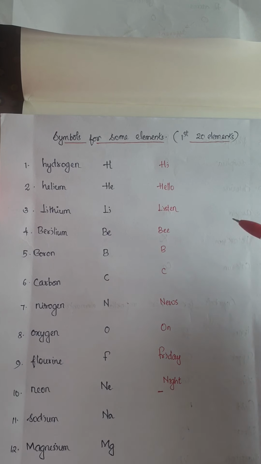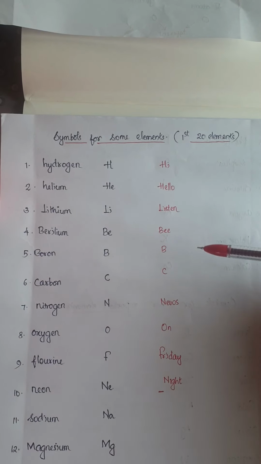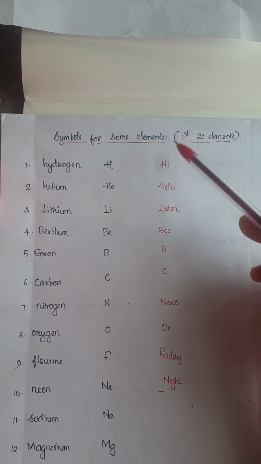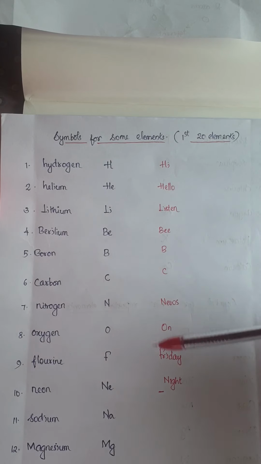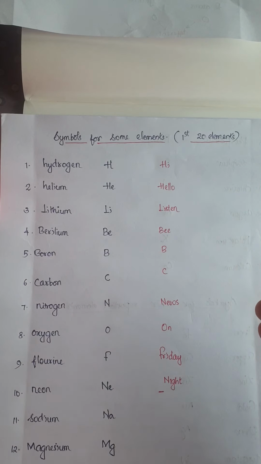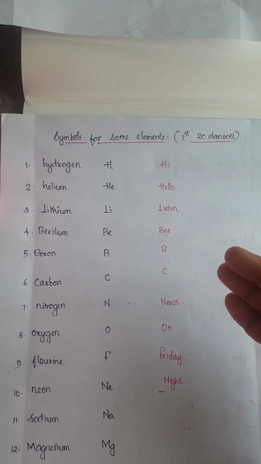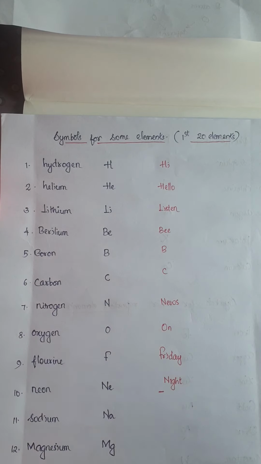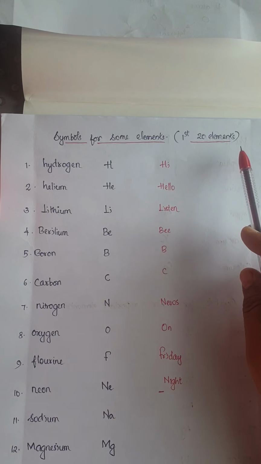Children, here I have attached some elements and their symbols. The names of the first 20 elements are attached, so you have to write them in your notebook, and also learn by heart at least 20 elements.